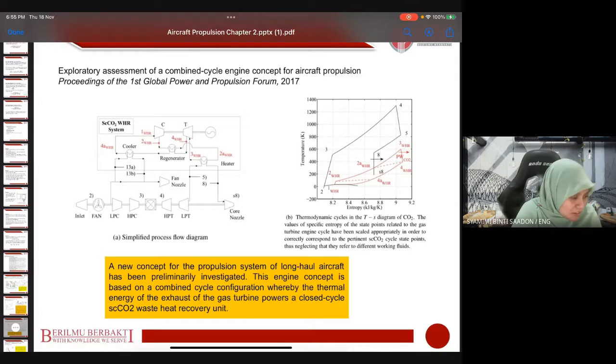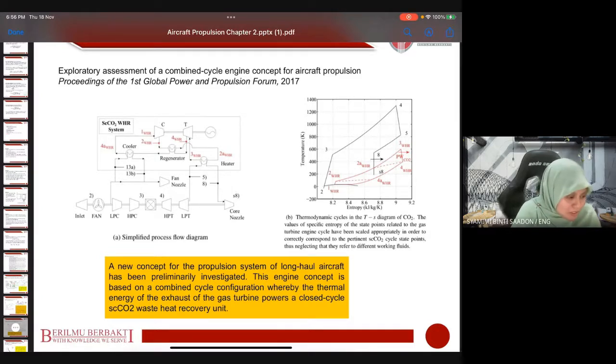So the concept is that they integrate this supercritical carbon dioxide into this aircraft engine, between the low pressure turbine and the nozzle, and also before the compressor.